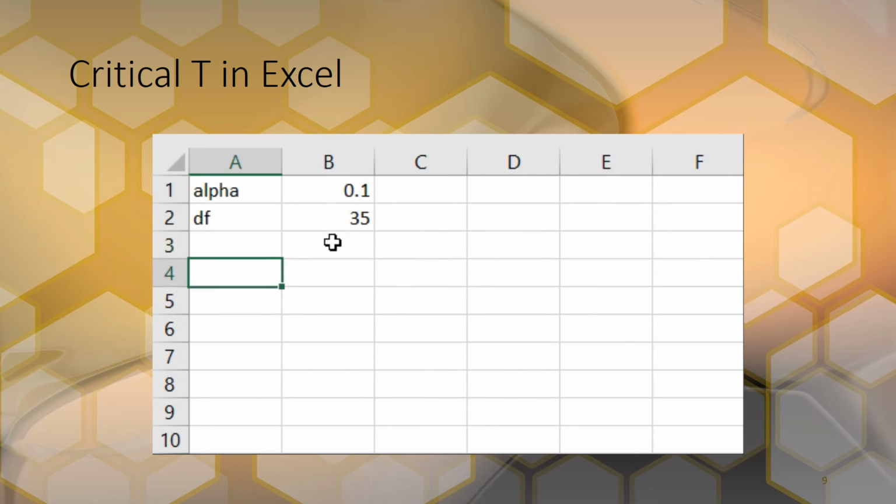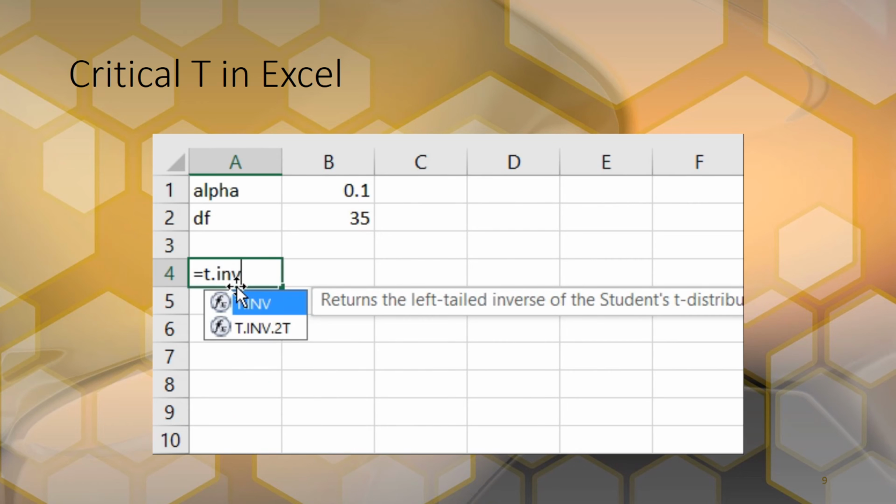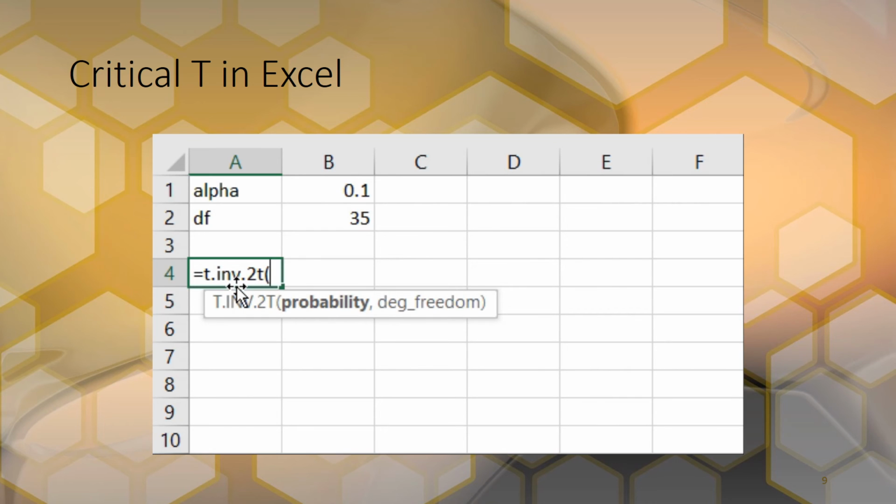And so to get the critical T for this, you'll push equals T.INV.2T. Open your parentheses. The probability is going to be your alpha. You can type it out or you can just click on the cell that we have here. Comma, then it's degrees of freedom.